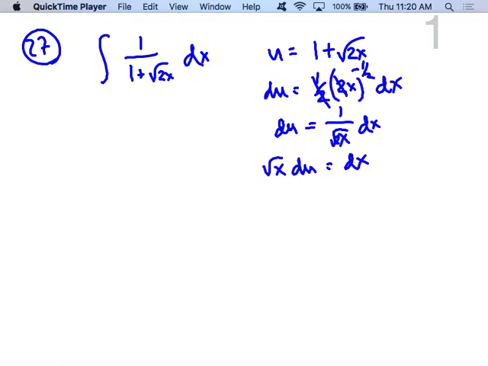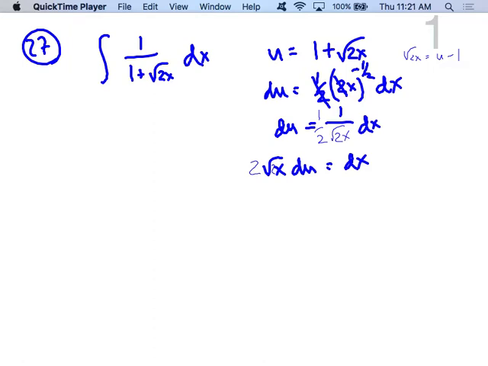So I put the 2 back in there and put a 2 in front of that. Now things won't cancel, but I think what we can do is write this as, if this is equal to that, then the square root of 2x is equal to u minus 1.